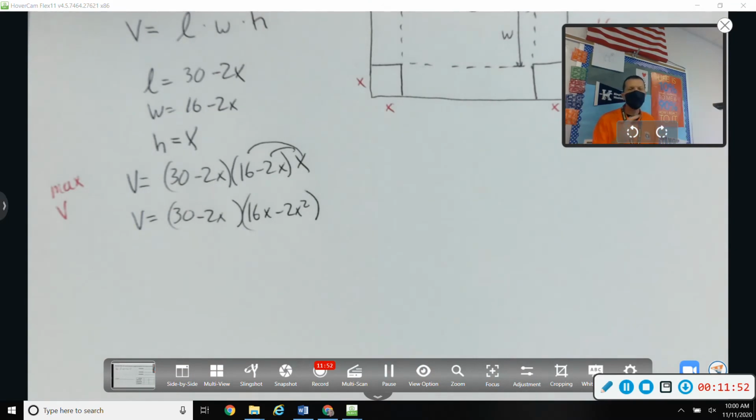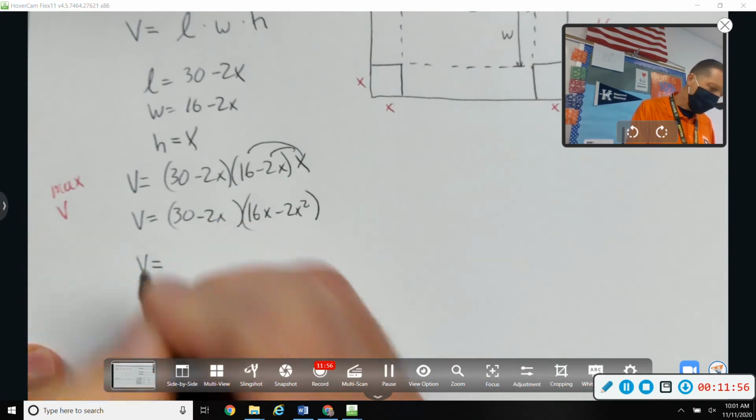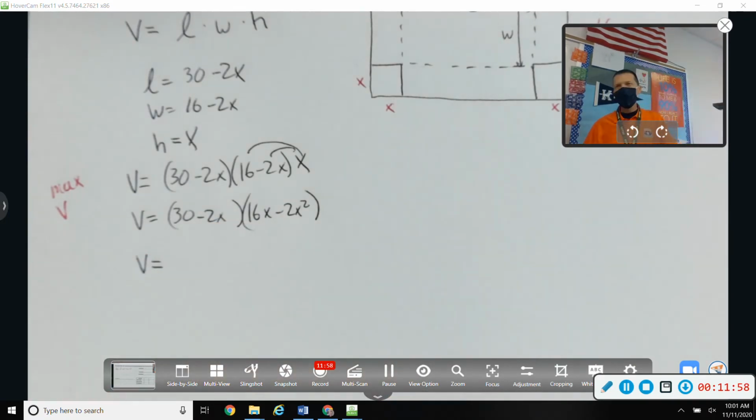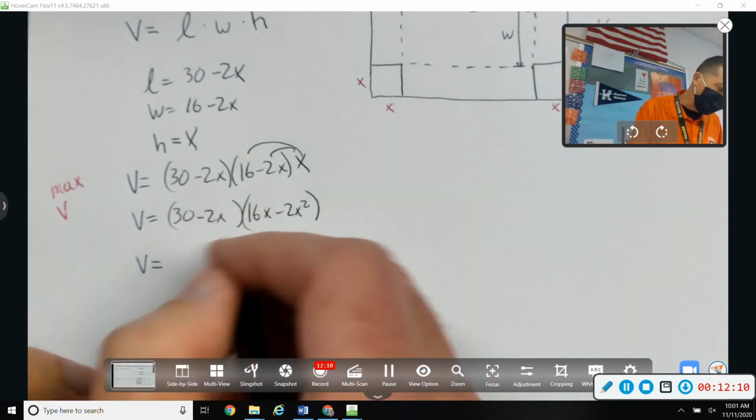So the x to one of them, and then we'll FOIL. Again, this is one of those where you've got to pay the price somewhere. You can pay the algebra price by FOILing, or you can pay the calculus price by having to do product rule. Either one's fine. Most people would rather pay the algebra price.